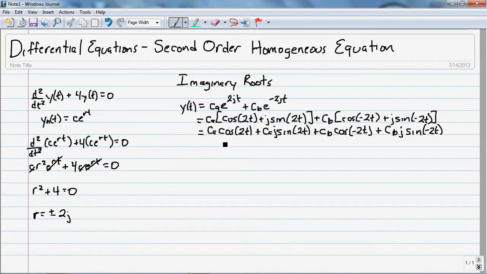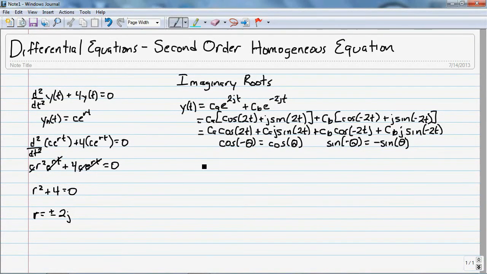So we want to remember that the cosine of negative theta is equal to cosine of theta, and the sine of negative theta is equal to negative sine theta.